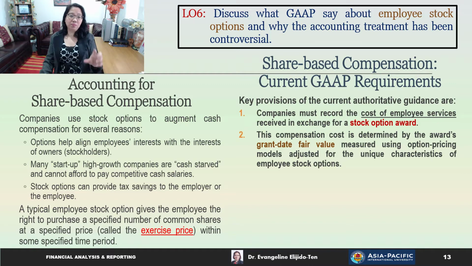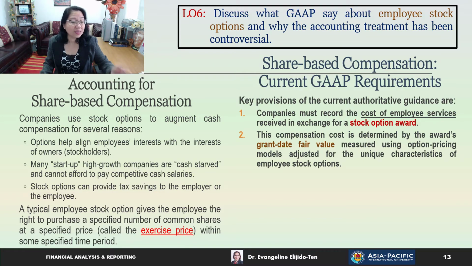Now, this grant date fair value is actually quite controversial because GAAP says that an observable market price must be the starting point for determining the fair value of employee stock options. The problem is that a market price is rarely, if ever, available. Why? Because employee stock options are not traded on an organized exchange.